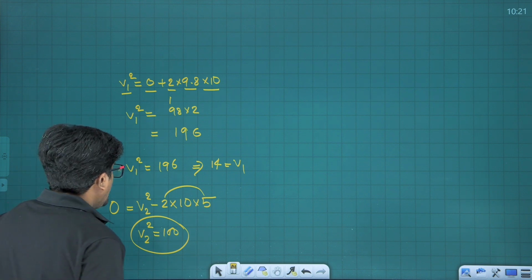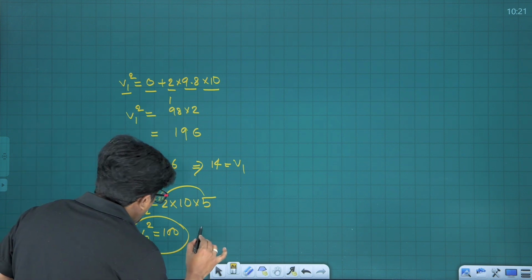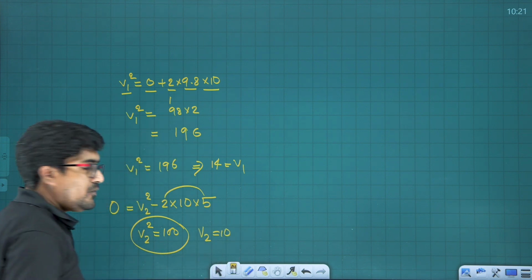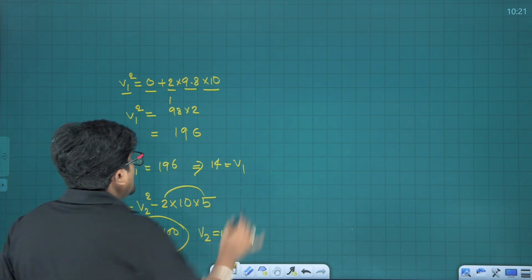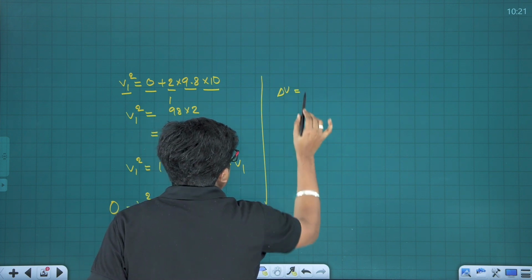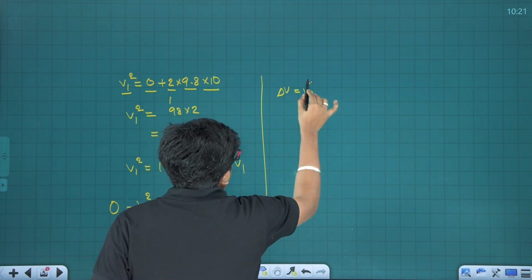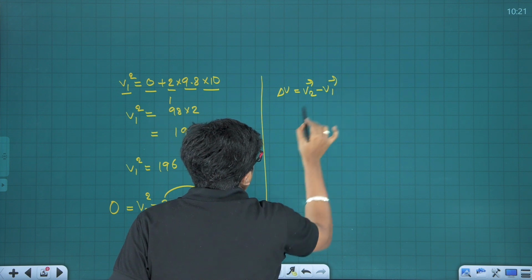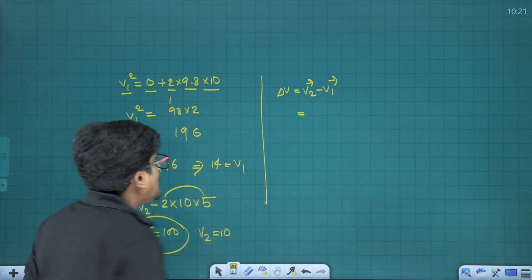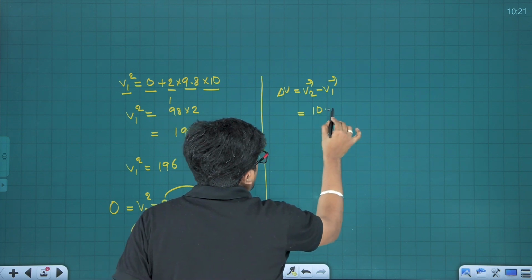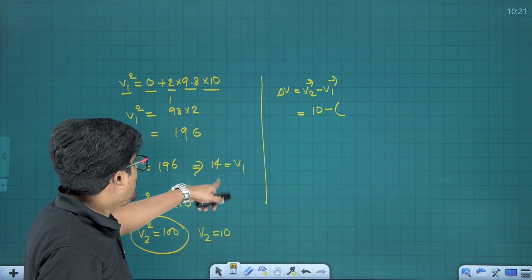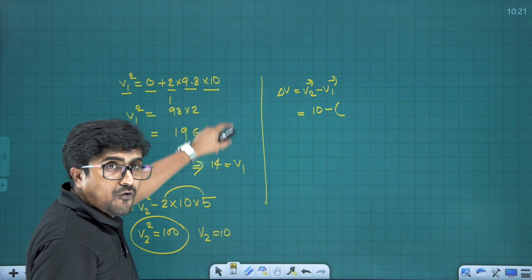And what about v2? That's coming as 10. Now, what about delta v? Delta v is v2 vector minus v1 vector. v2 is 10 upwards, and v1 is 14 downward.